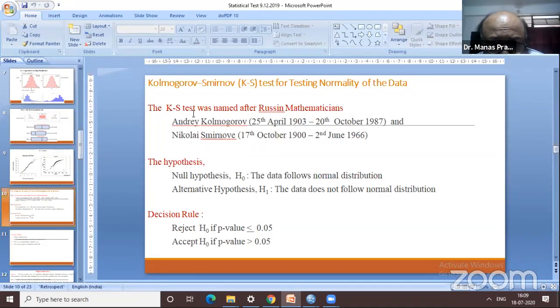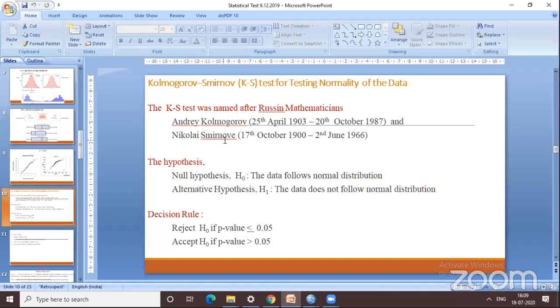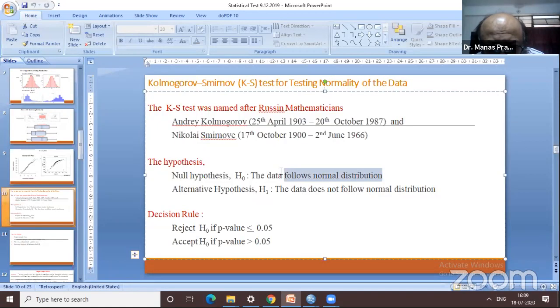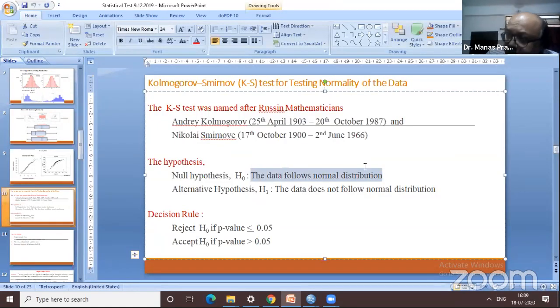This test was developed by two Russian mathematicians, and the null hypothesis is that the data follows a normal distribution. The data I collected from the field follows a normal distribution. That means there is no difference; my data and the normal distribution are the same. The alternative hypothesis is that the data does not follow a normal distribution.